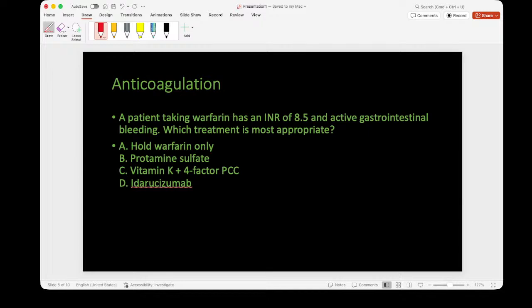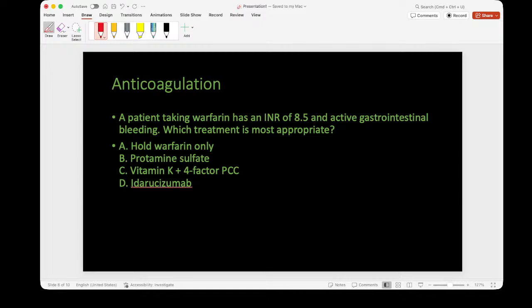Protamine sulfate is not going to work where the warfarin is working. This medication is going to be used as an antidote to high amounts of heparin in the system and those kinds of things. Then you've got idarucizumab, which is another one that will be used against dabigatran.